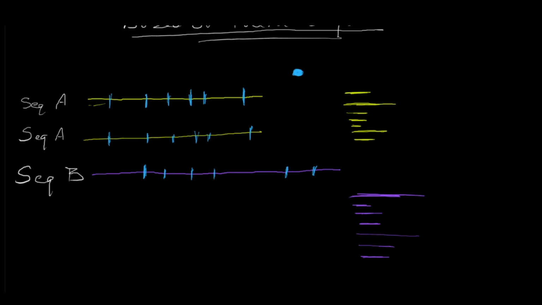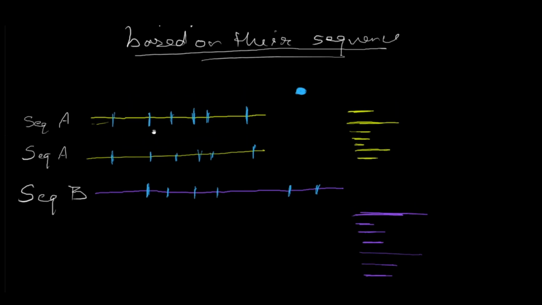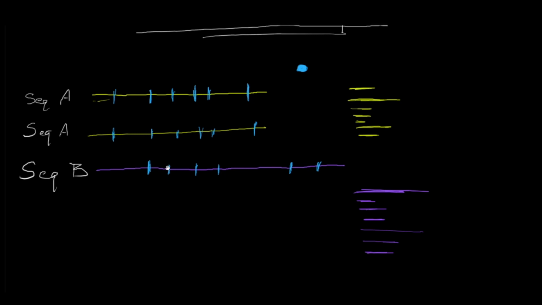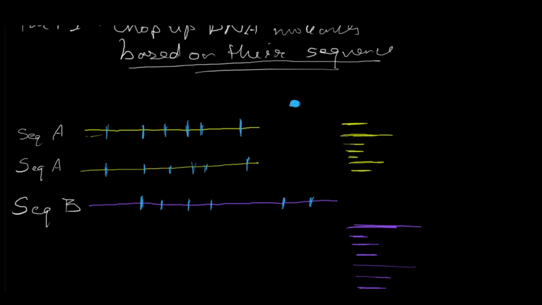So that's basically a technique that can chop up DNA in a specific manner, and we'll get to see why this is important. But for now, let's try and put a name to this. This blue chemical is something called a restriction enzyme.